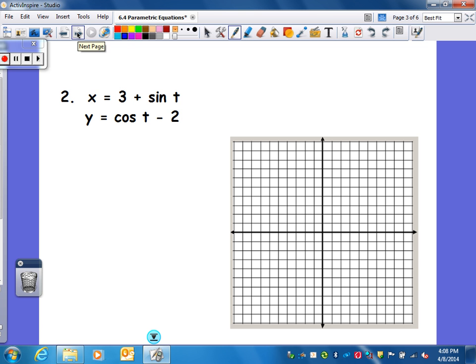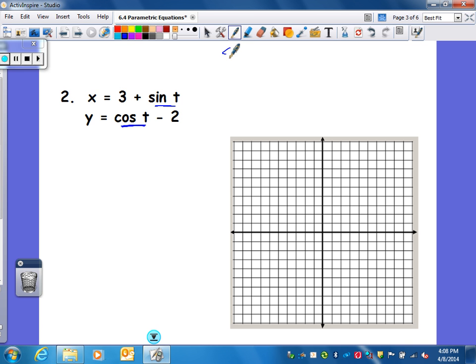Now we have x equals 3 plus sine t and y equals cosine t minus 2. Once again, we just want to get whatever our trigonometry features are by themselves.